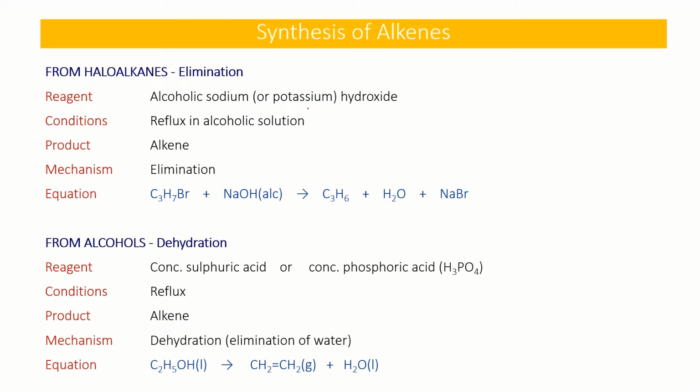You can see that we can use a strong base to eliminate the hydrogen halide from the alkyl halide to give the alkene, or we can use a strong acid, usually concentrated sulfuric acid or concentrated phosphoric acid, to eliminate water from the alcohol to give us the alkene.